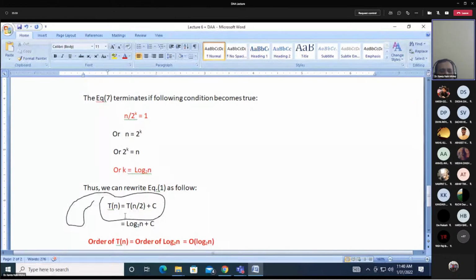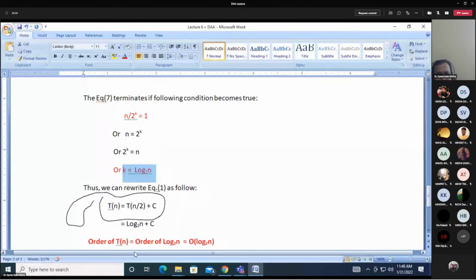The first equation was Tn equals Tn by 2 plus C. In the first equation you continue the division, divide into two parts, divide further into two parts, and so on. And it terminated when k is equal to log n base 2.